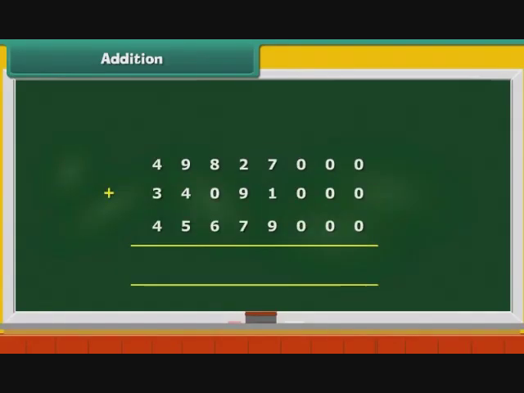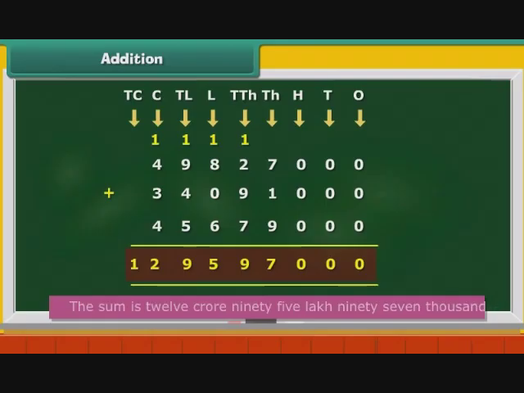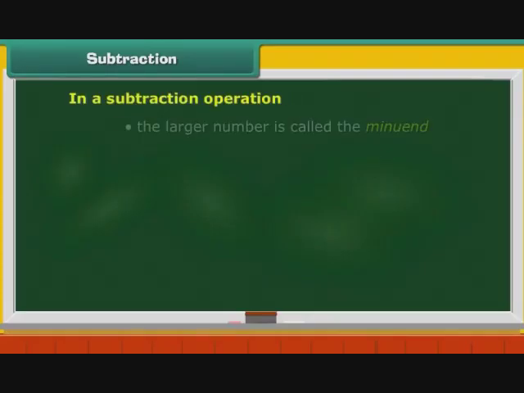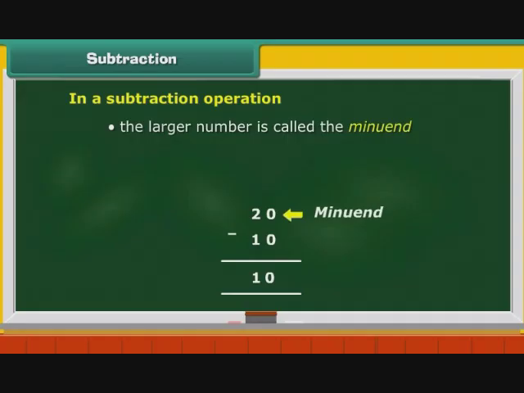Now add 49827000, 34091000 and 45679000. The sum is 129597000. Subtraction. In a subtraction operation, the larger number is called the minuend.